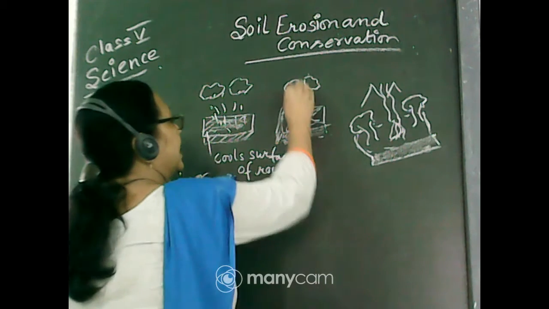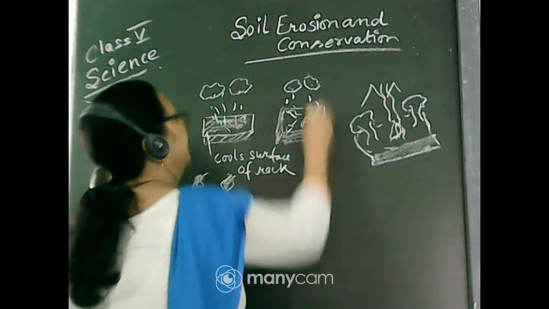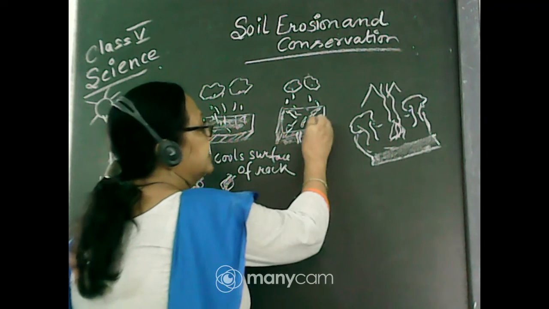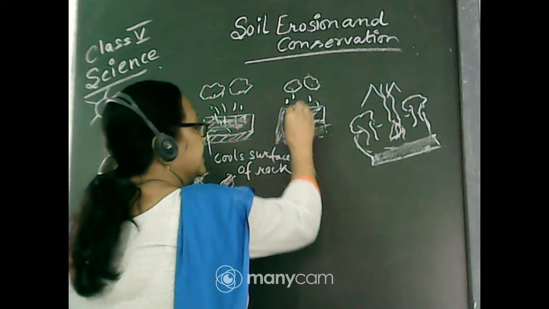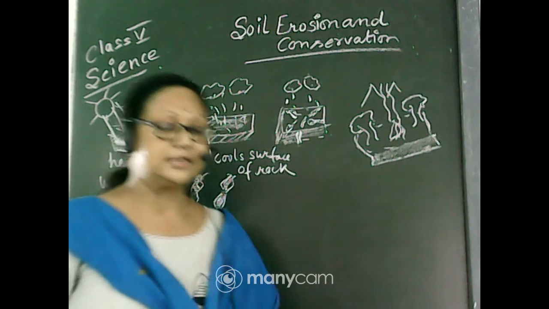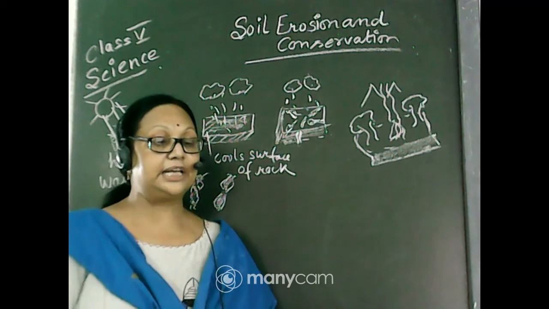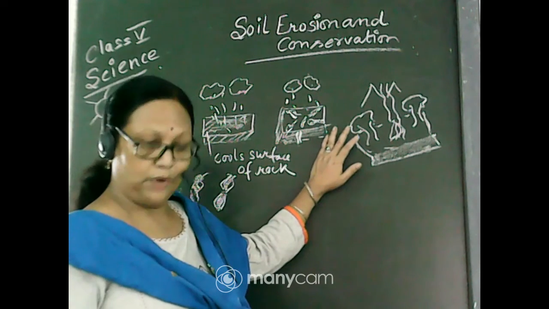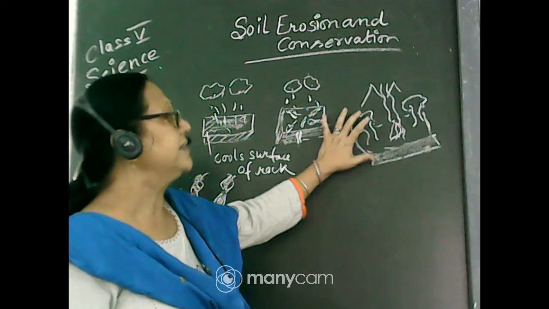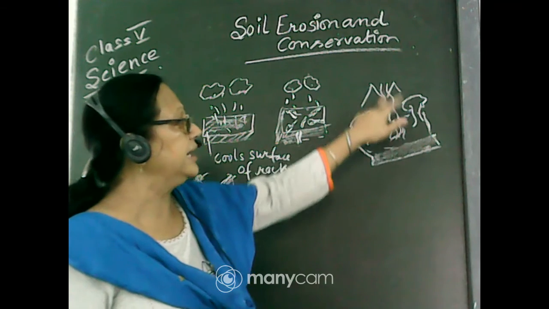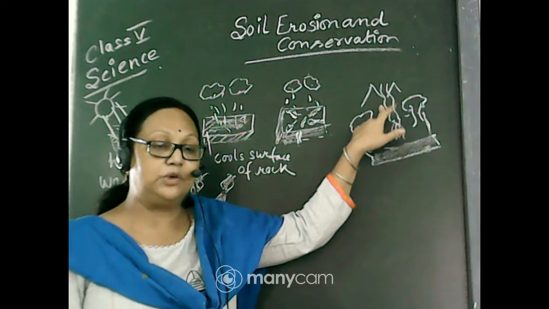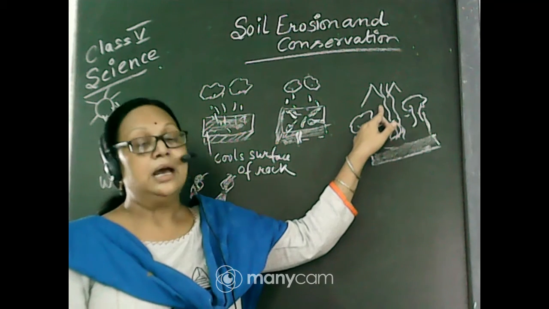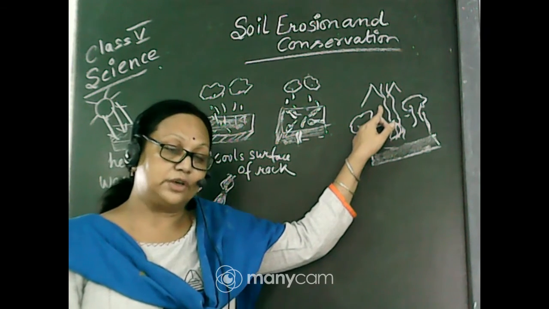Now due to rain, these cracks are filled with water, which continuously puts pressure on the walls of the rocks, and ultimately they break down. And in the last one we are seeing water continuously flowing from the mountains, again putting pressure and causing the rocks to break.